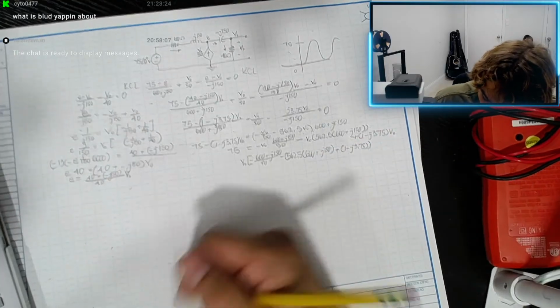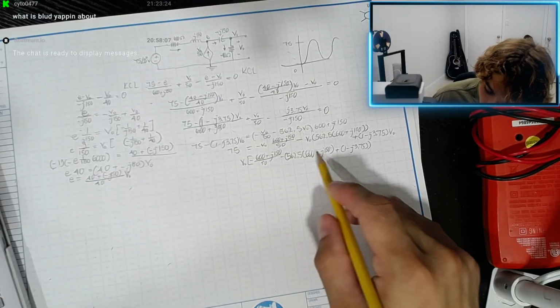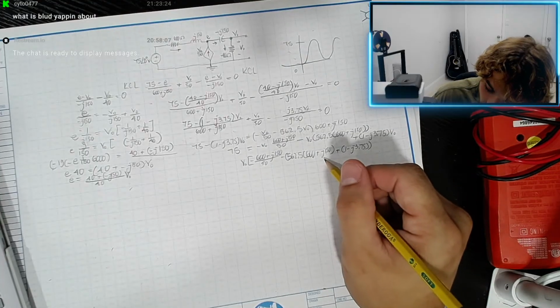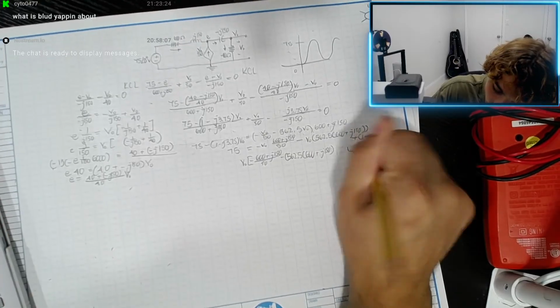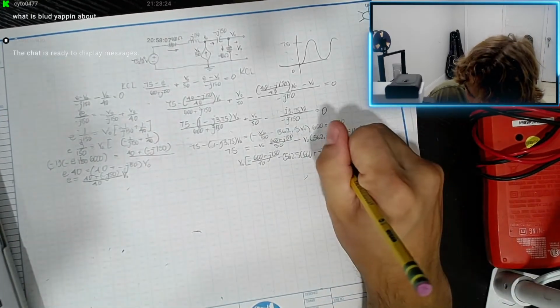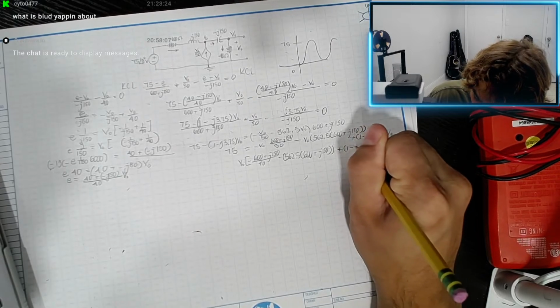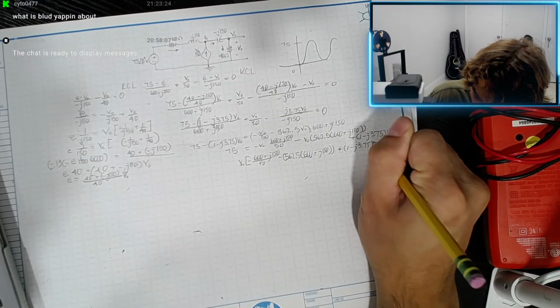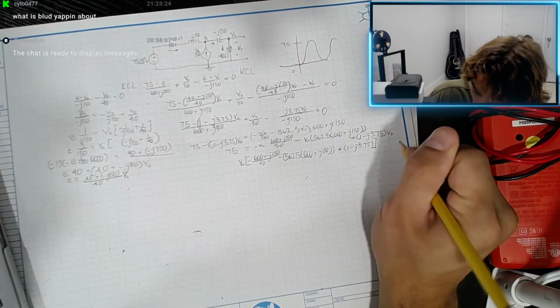Yeah, that's the expression. Oh wait, no, that was the end of that expression. My bad. Let me distinguish these a bit better. In parentheses there, plus 1 minus J3.75. Close the bracket. There it is.